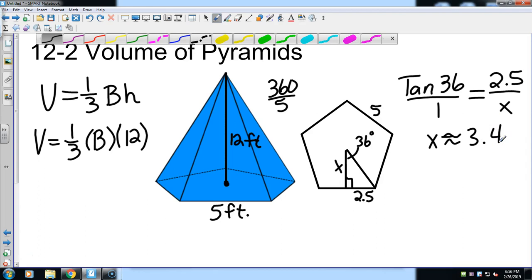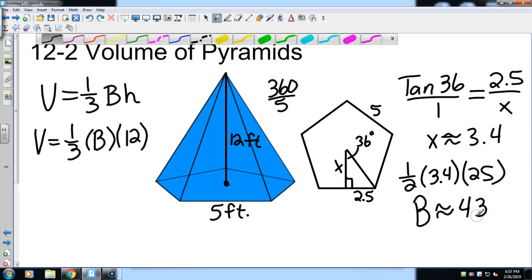Okay, so to find the area of that, we know we're going to do 1/2 of the apothem times the perimeter. So if each side is 5, then the perimeter is going to be 25. So I'm going to take my answer that I just created times 25, and then I'm going to divide it by 2, and I come out with the area of the base to be approximately 43. And that's going to be 43 square feet.